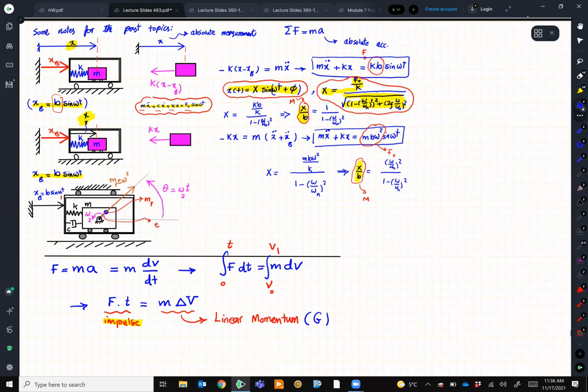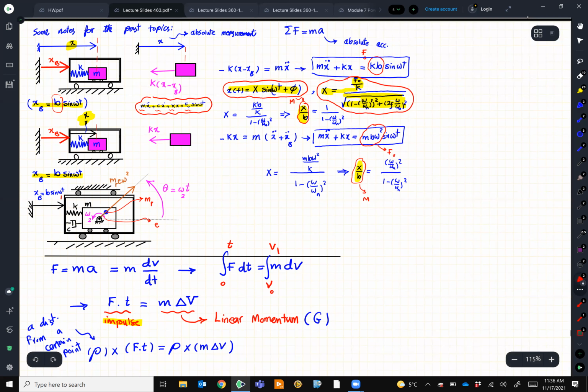Now, if I multiply it by a distance, let's say rho, the distance multiplied by m delta v, a distance from a certain point. So let's say again, I have a mass, I apply a load to it, and I take the moment of that load about a certain point.